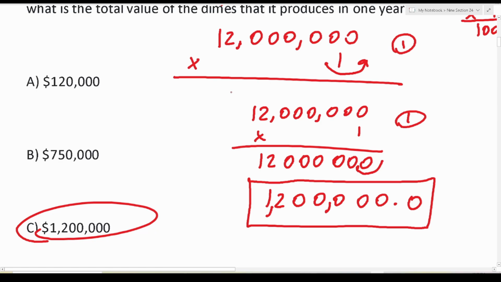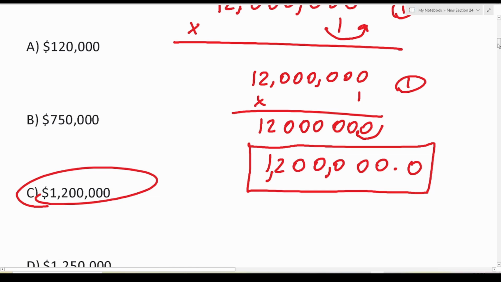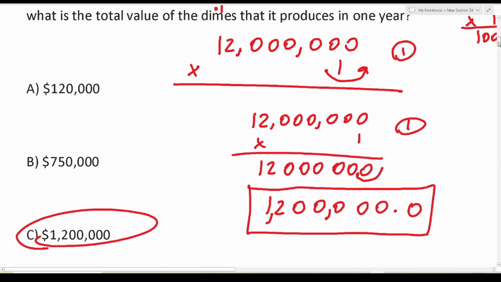So again, kind of a good question to test your ability to work through problems involving large numbers.